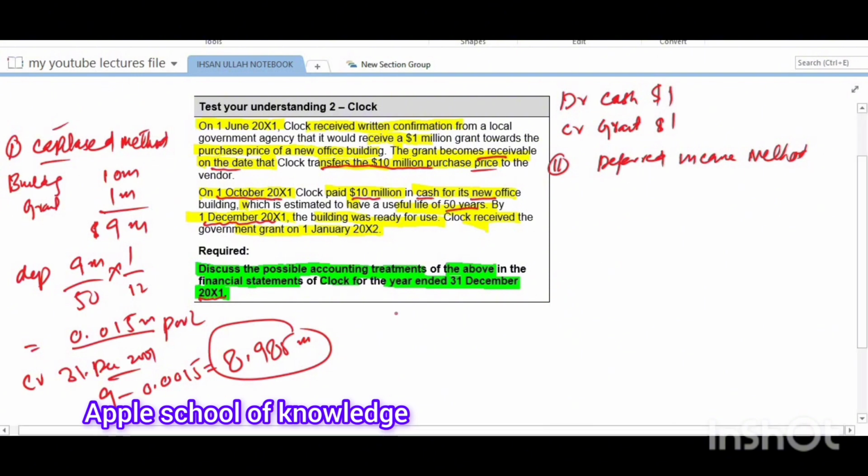Now the second method is the deferred income method. In the deferred income method, you will make an entry when the grant is received. Let me write here. When the grant is received, debit will be your cash or your bank, and credit will be deferred income with 1 million.